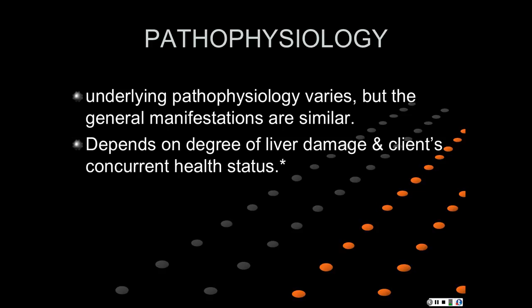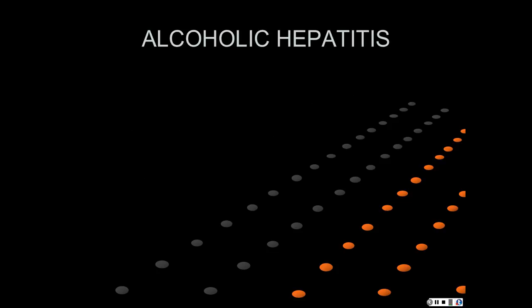For example, somebody who is an alcoholic and ends up with hepatitis may be malnourished because they are not eating well, or somebody who is sick and gets a drug that causes liver damage is going to be different in terms of their response.